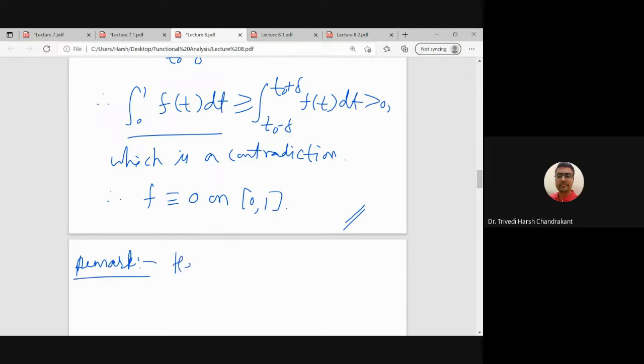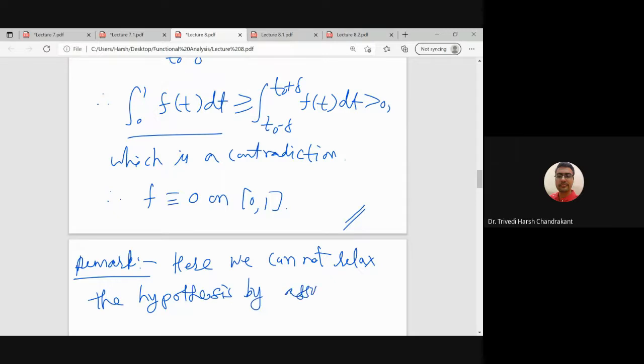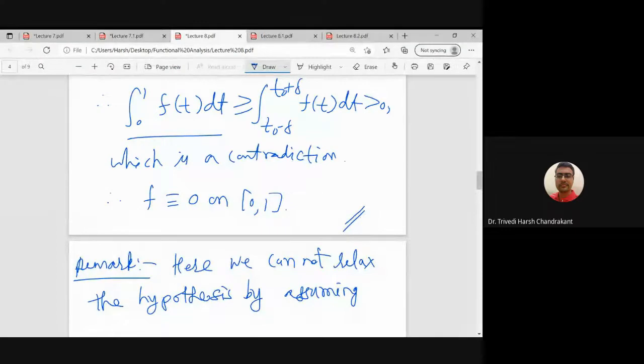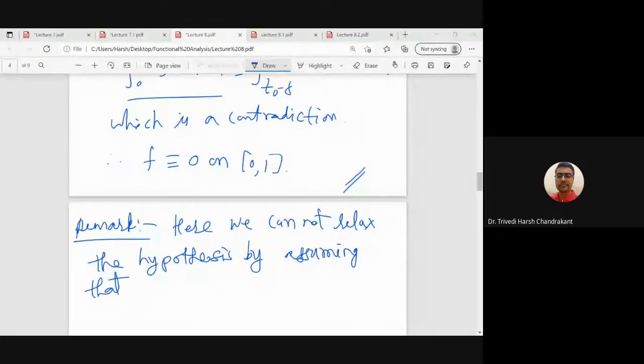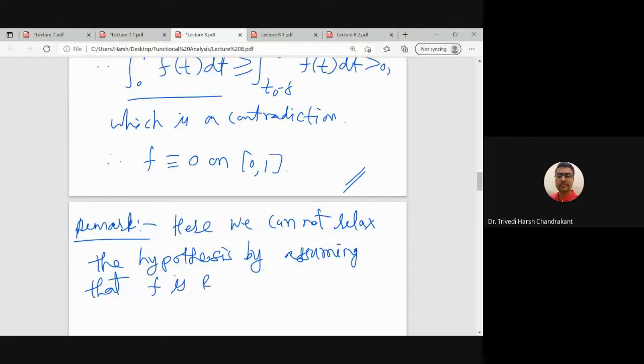So here we cannot relax the hypothesis by assuming that f is Riemann integrable.